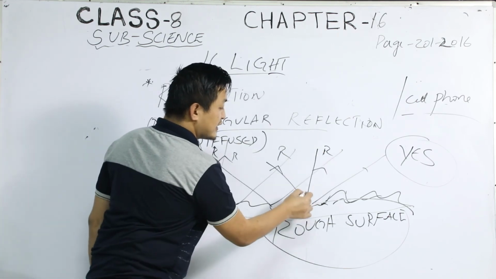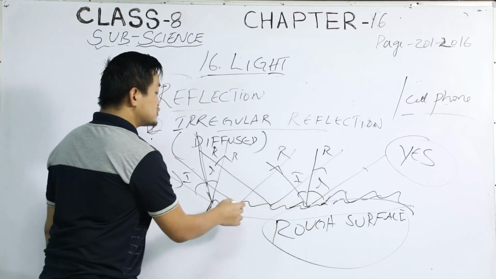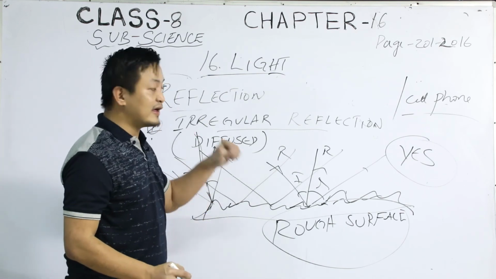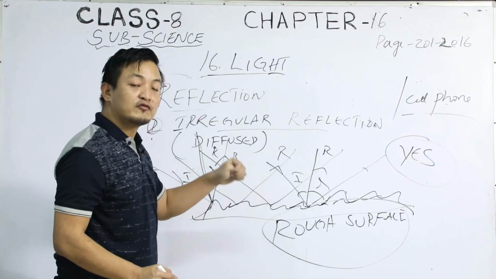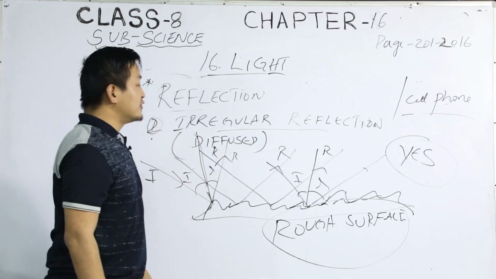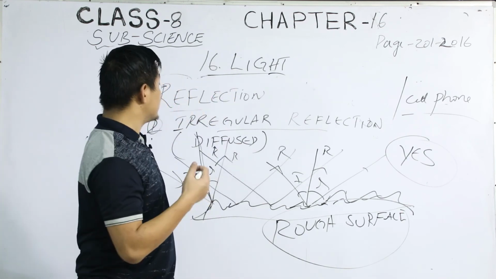Even here, the angle of incidence will be equal to the angle of reflection, and the same goes for here as well. Clear? So even on a rough surface, they obey the law of reflection. So we are done with regular reflection and irregular reflection.